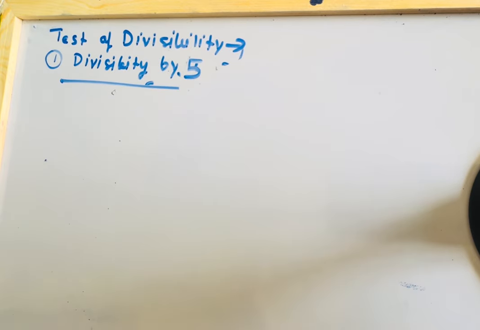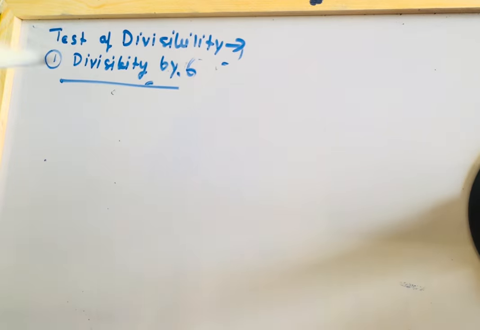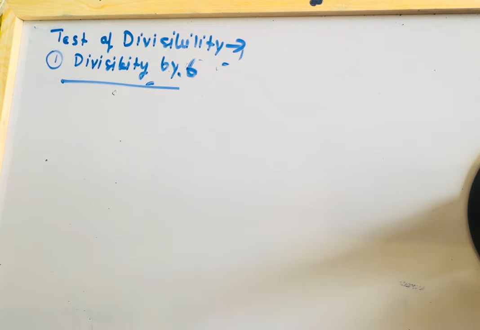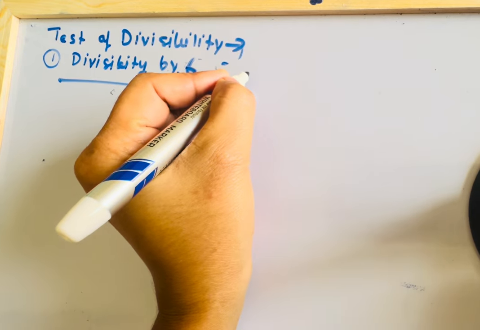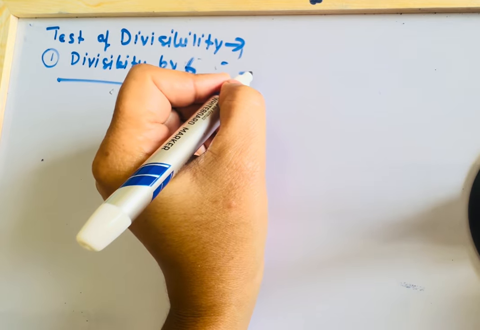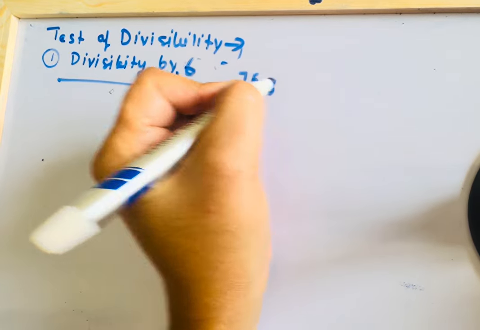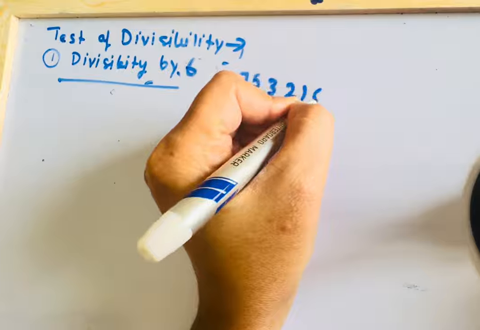Now, if any number is given and you want to check that number is divisible by 6 or not, how to check? For example, 7,53,260.